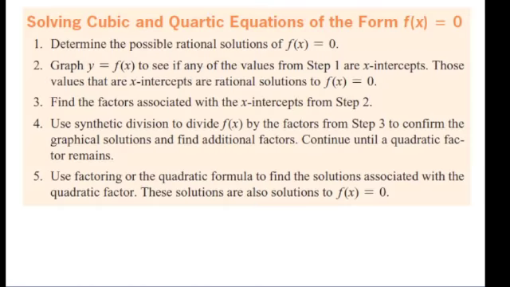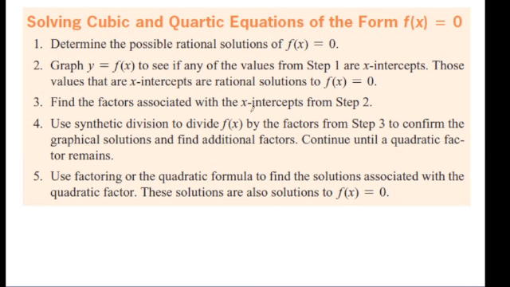Now we look at actually wanting to solve cubic and quadratic equations in the form f of x equals 0. First, we determine the possible rational solutions, as we just did. Then we're going to graph it to see if any of those values are x-intercepts. Which ones work? Those values are rational solutions.